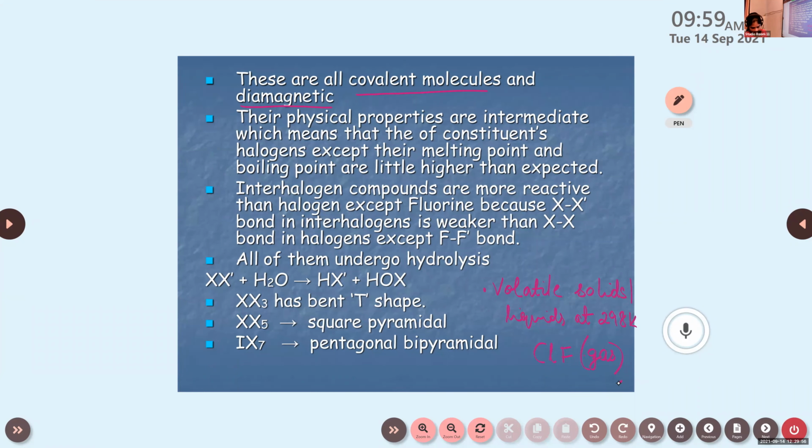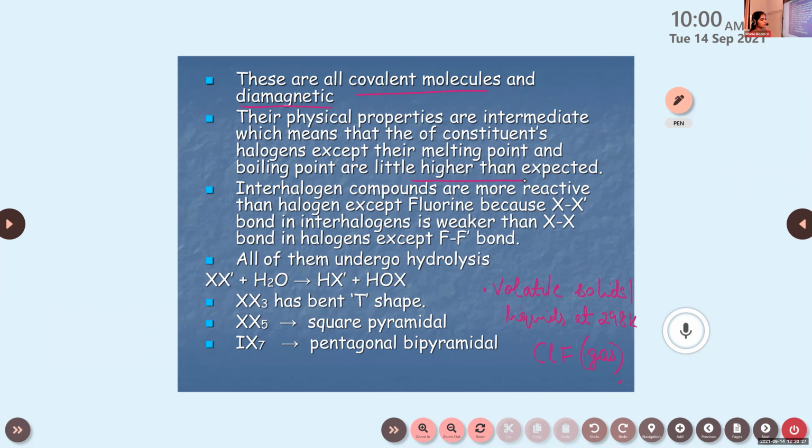Physical properties are intermediate between those of the halogens present in that compound, but in the case of melting point and boiling point, it is a little higher than expected.